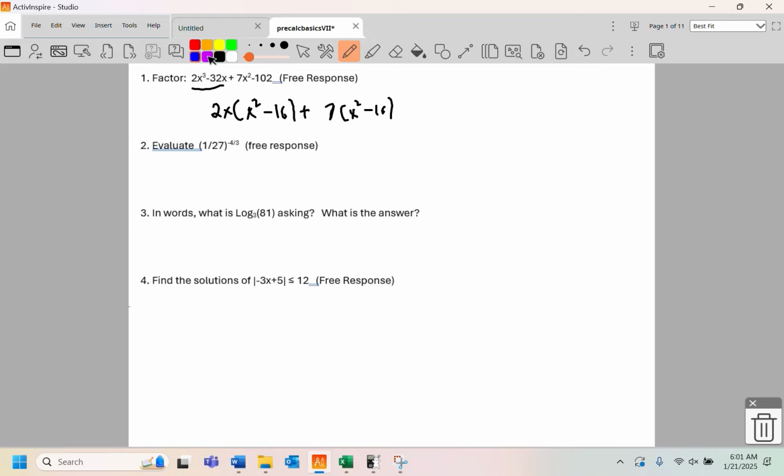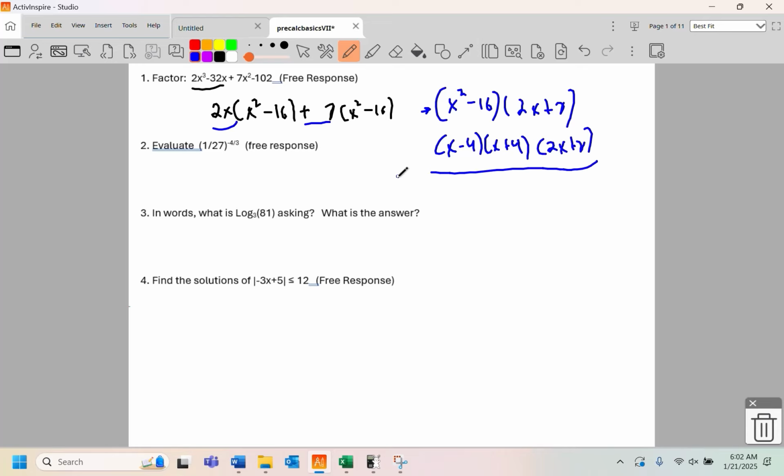The common factor is x squared minus 16, and the stuff that's left over is 2x plus 7. x squared minus 16 factors as (x minus 4) times (x plus 4). And there you go. There's the full factorization of that polynomial.